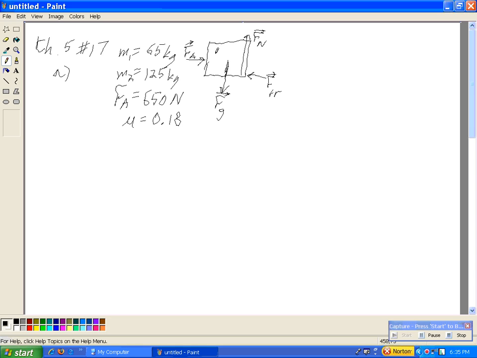The total mass is 65 plus 125, so that's 190 kilograms. Okay. In order to find the acceleration of this object that weighs 190 kilograms in two parts, we take the sum of all the forces in all directions.